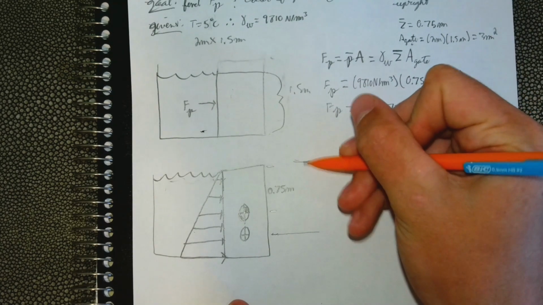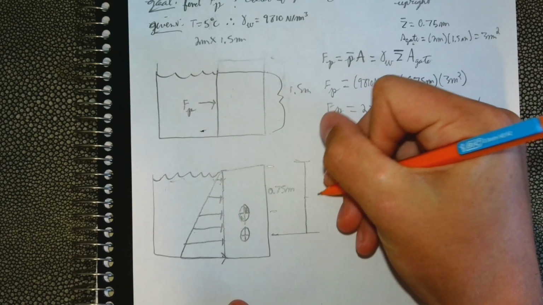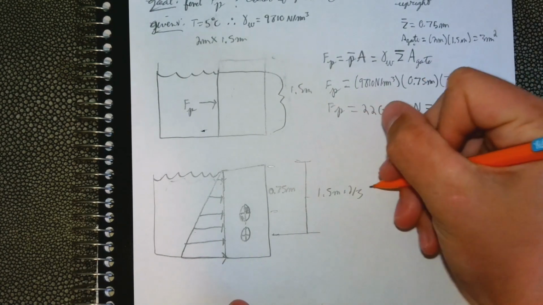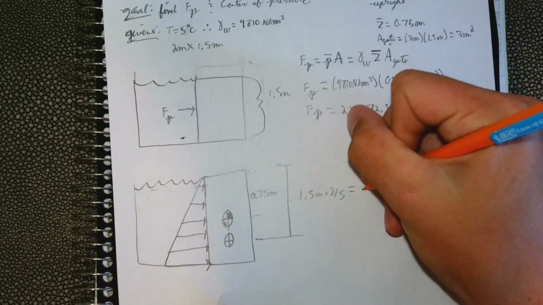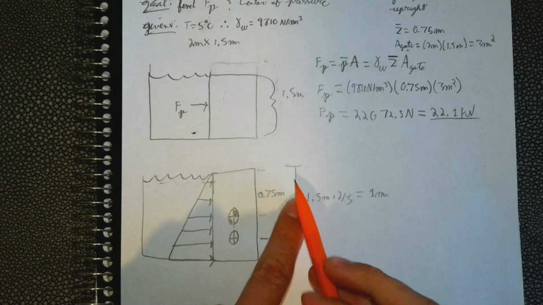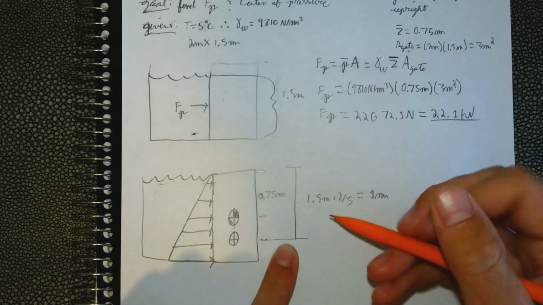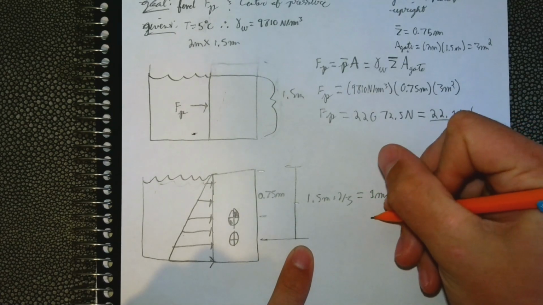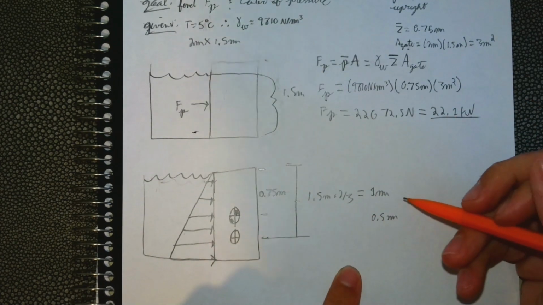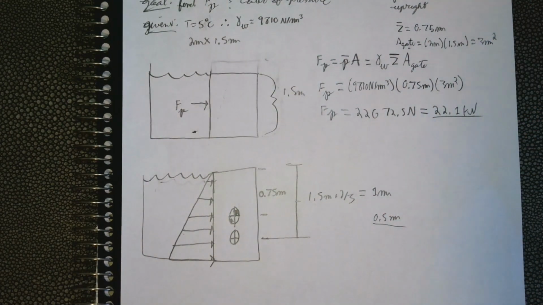Since the gate is completely upright, 1.5 meters times 2/3 equals 1 meter. So we know the center of pressure is going to be 1 meter down from the surface of the water, or you could say that the center of pressure is half a meter from the bottom. So that's the location of the center of pressure.